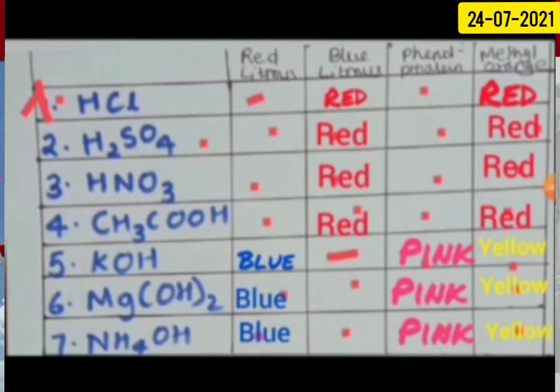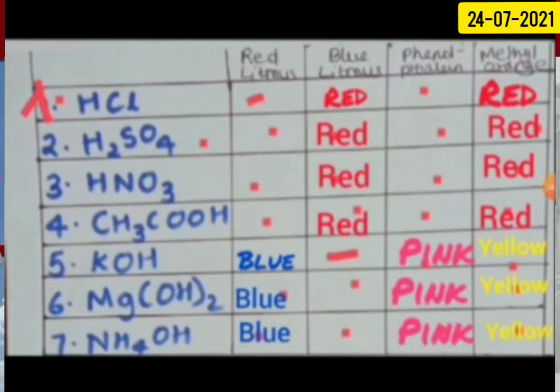When you put red litmus in HCl, it will not show any change, and blue litmus turns red. Phenolphthalein shows no change in color, and methyl orange shows red. This is because HCl is an acid. H2SO4, HNO3, CH3COOH all will be the same as HCl.